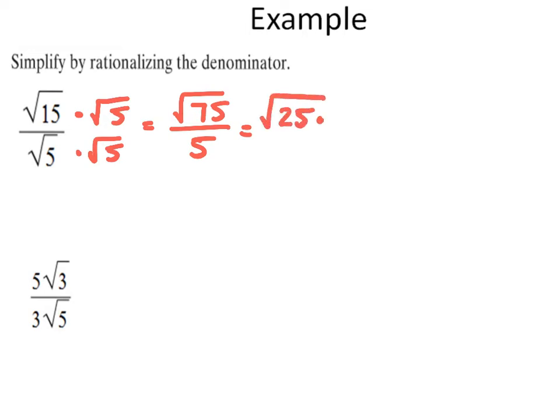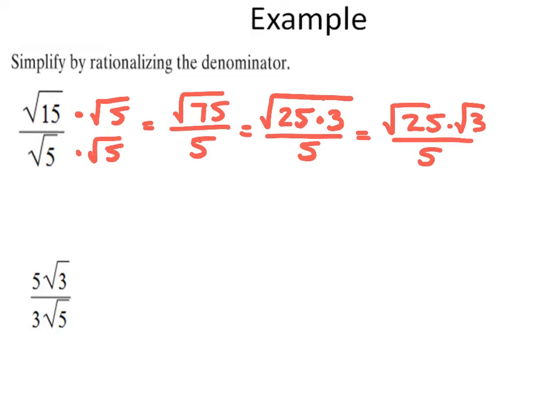25. So it becomes 25 times 3 over 5, the square root of 25 times the square root of 3 over 5.